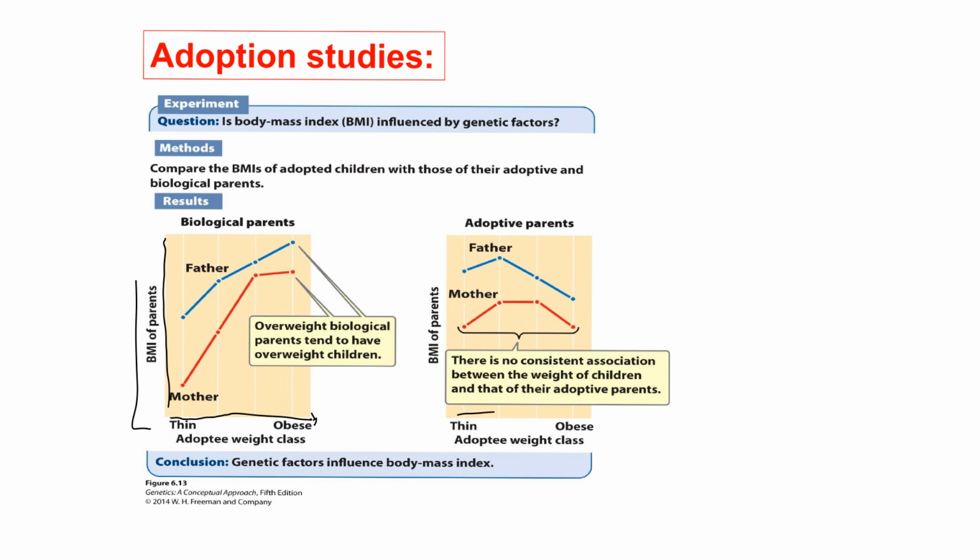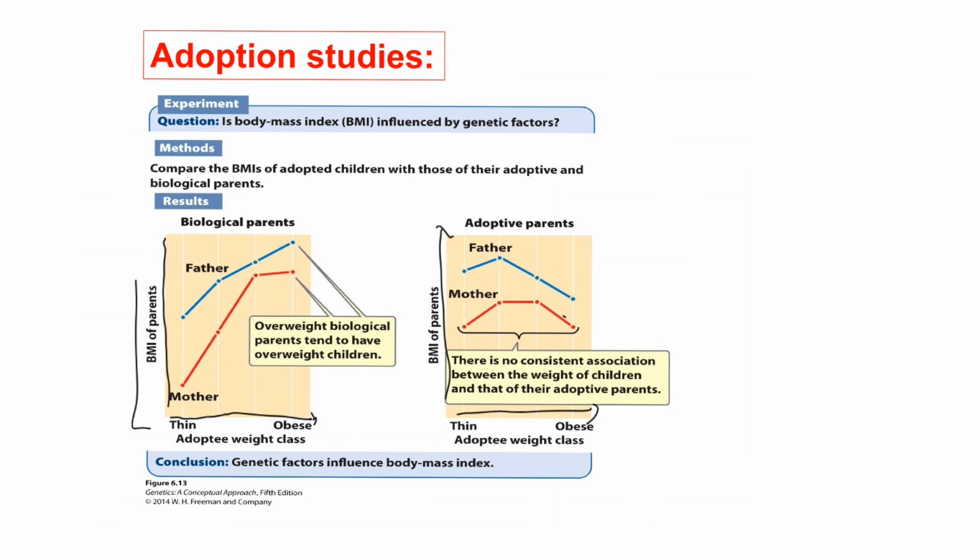Here again you have BMI of the children plotted against the corresponding BMI of adoptive mother and father, and as the BMI of the children increases, there is no real correlation with an increase of the adoptive parents' BMI. So what these two graphs together tell you is that there is strong genetic predisposition.